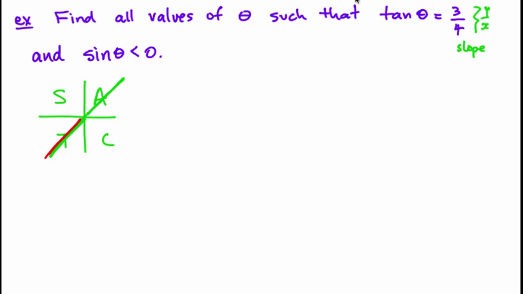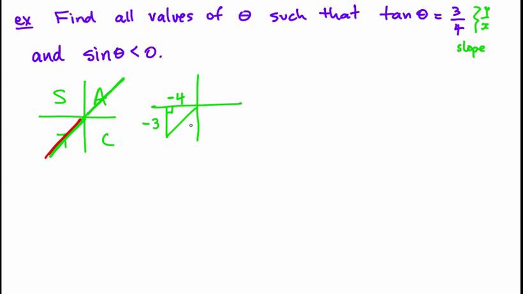So I know that I am dealing with a solution angle that's in this third quadrant, and I know that y is 3 and x is 4, and it turns out they're both negative. So this is a little bit misleading that tan theta is equal to 3 over 4. It's really -3 over -4.